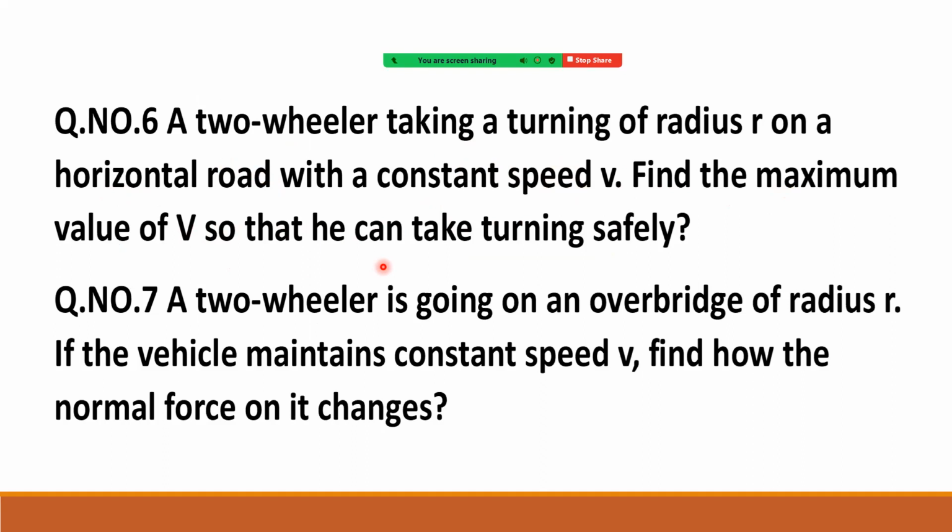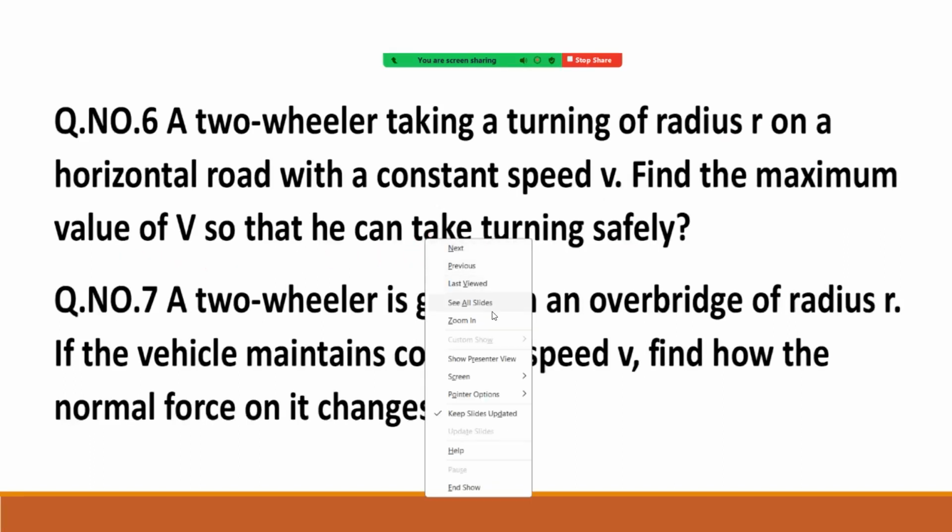So the condition given is that the road is horizontal. Speed is constant. Speed constant means there is no tangential force, means no tangential acceleration. Radius r. Find the maximum value of v so that he can take the turn safely.